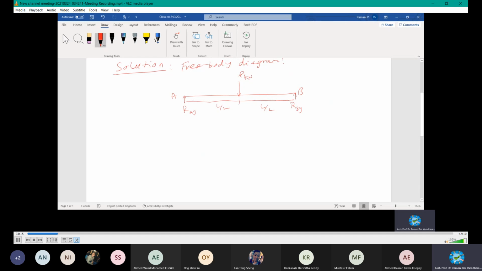Let's move on. The solution is by applying equilibrium equations. There are three equilibrium equations. Sigma force in x direction is equal to 0, the summation of forces in y direction, and the summation of moments.